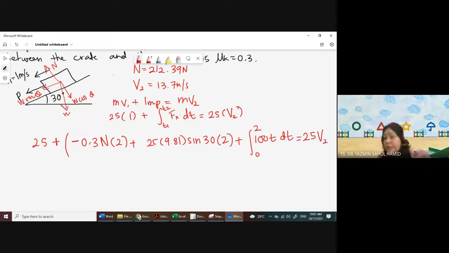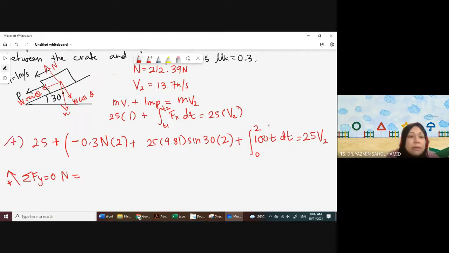Tapi kat sini kita kena cari N. So, cari N dulu. N senang dah nak cari. Normal force kita sama dengan apa? Ini kalau kita buat summation Fy equals to 0. Direction dia macam ni, positif. Yang ni pula direction dia positif macam mana?